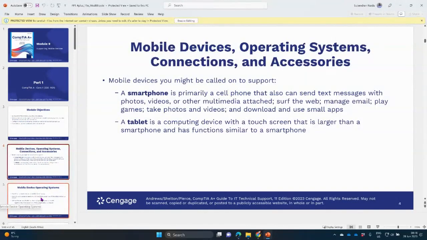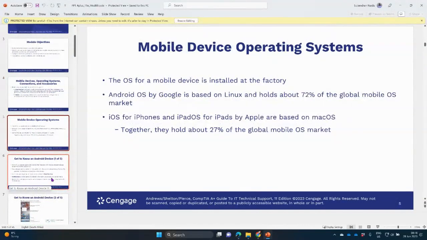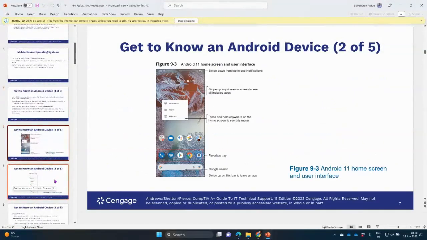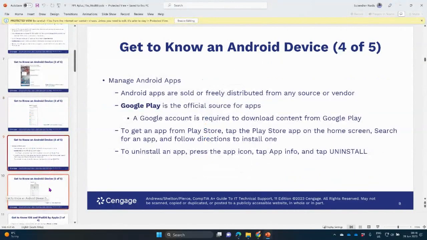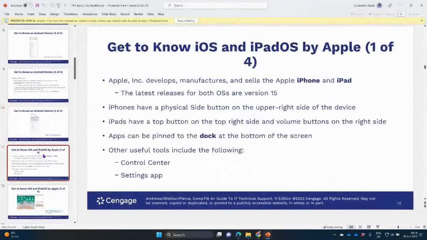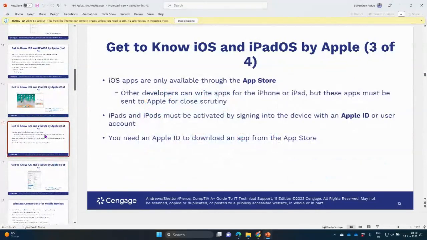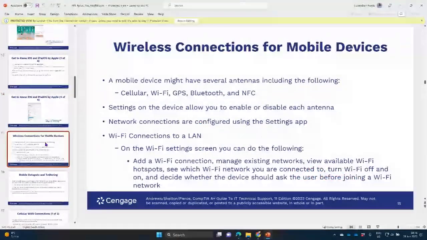So what do they have to say about mobile devices, the different operating systems? They're speaking about Android and iOS. And then I'll page through and I'll have a look at what content is contained in the textbook. So then I can go for more detailed information to have a look at the textbook if there's something that is not covered here or I need further explanation.